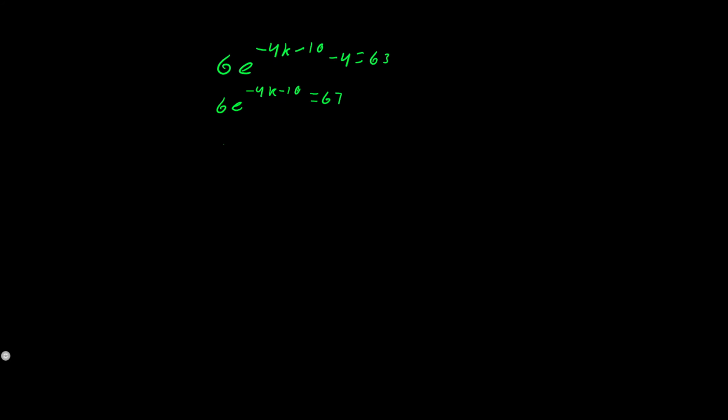Dividing by 6, we also get e to the power of negative 4k minus 10 is equal to 67 over 6. Taking the natural log, we get negative 4k minus 10 is equal to the natural log of 67 over 6. And now we can just go ahead and solve this two-step equation.